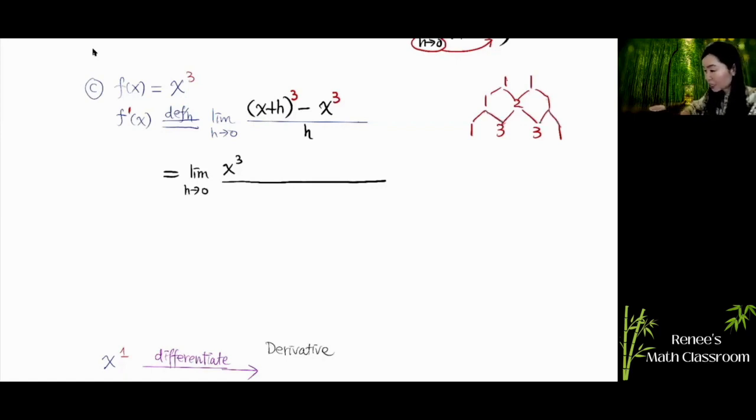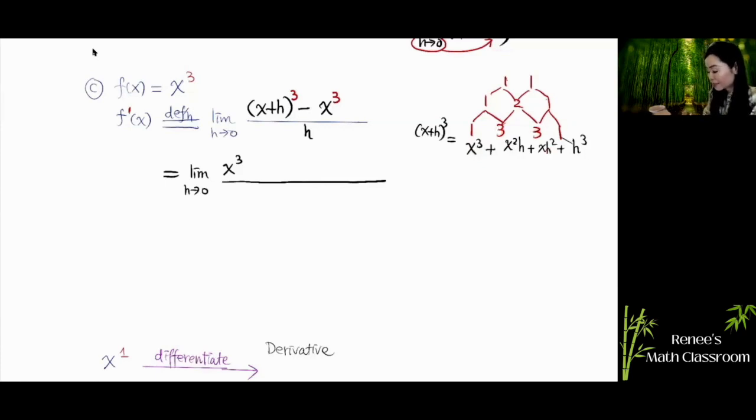So if you have (x plus h) cubed, then the coefficients for the terms will be 1, 3, 3, 1. So 1 is for x cubed, 3 is for x squared h, and 3 is for x h squared, plus 1 h cubed.